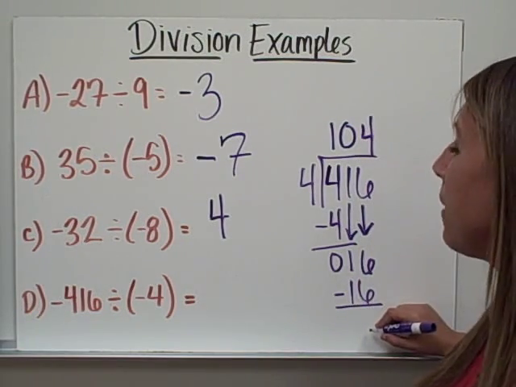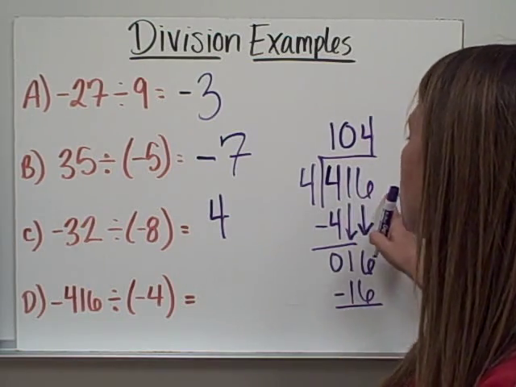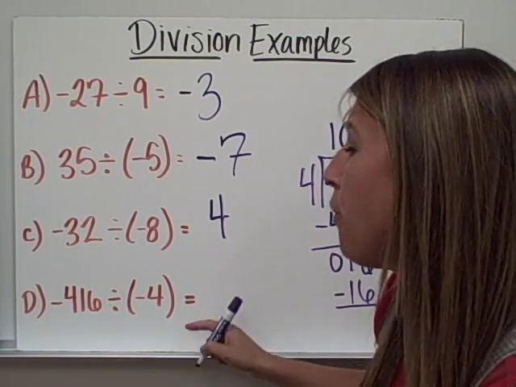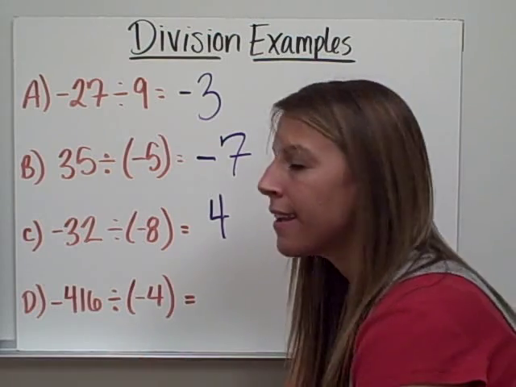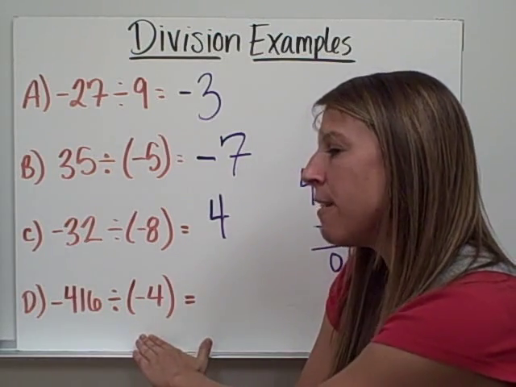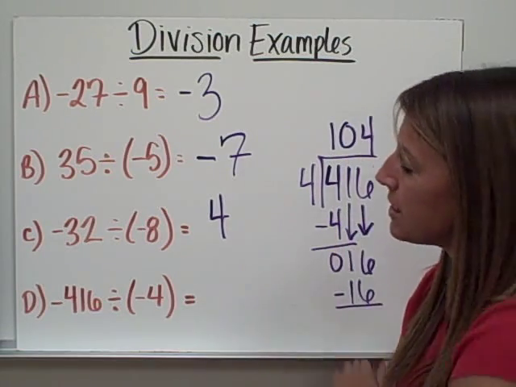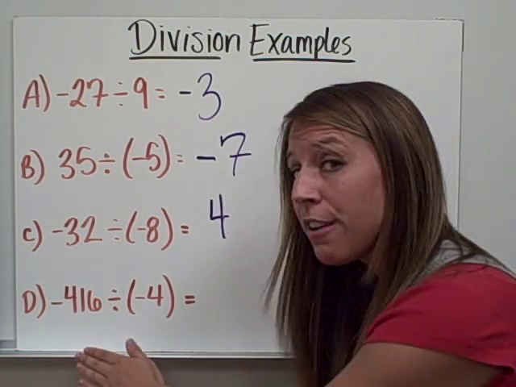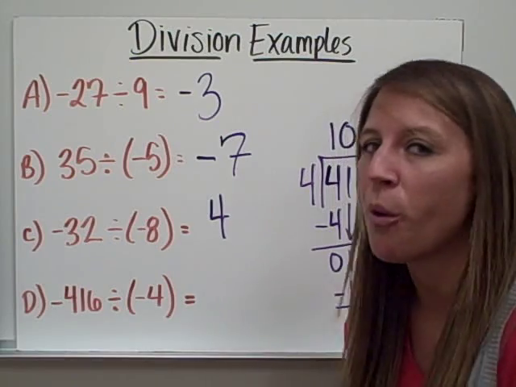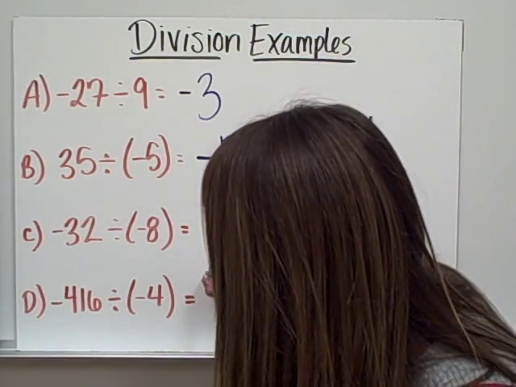I'm left with nothing, so I have that 416 divided by 4 is 104, and just to go back and double check, both of the signs are negative, which means signs are the same, answer is positive. Negative 416 divided by negative 4 is a positive 104.